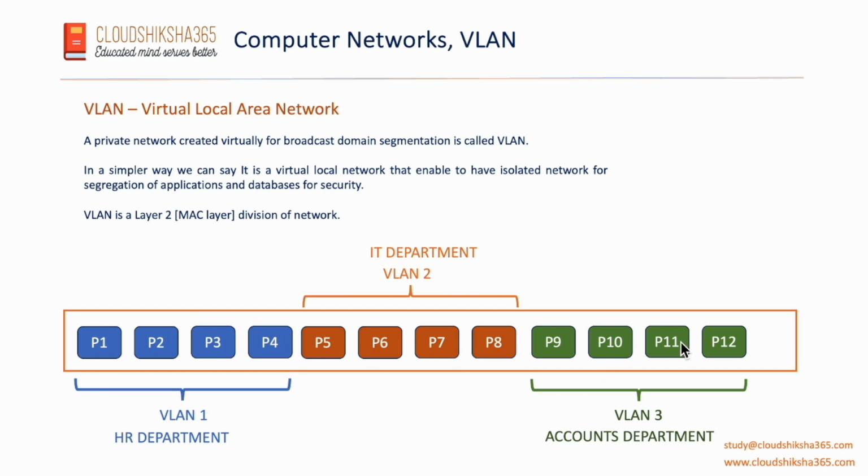However, it's physically one switch, but we have separated four ports for each of these different networks. That means the HR department cannot access anything from the IT department, and the IT department cannot access anything from the accounts department, and vice versa. So this is the benefit of a virtual local area network. Now they have their own broadcast domains. More on this I will cover in later videos as I explained.